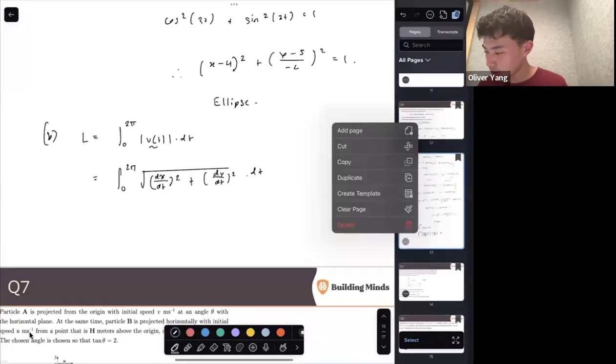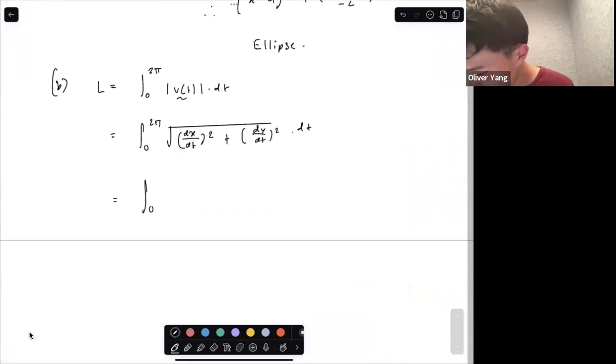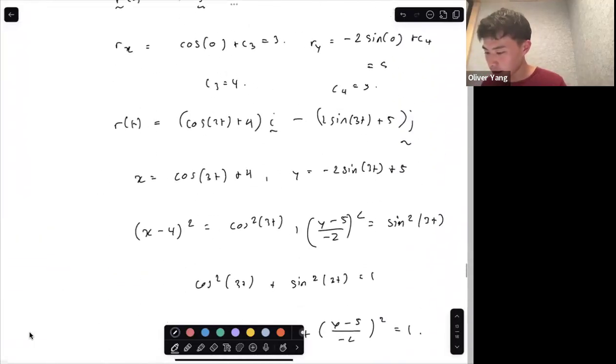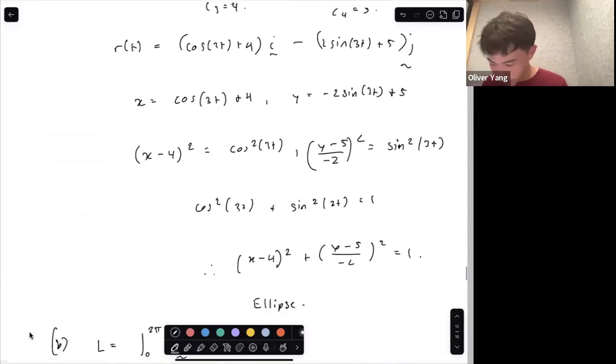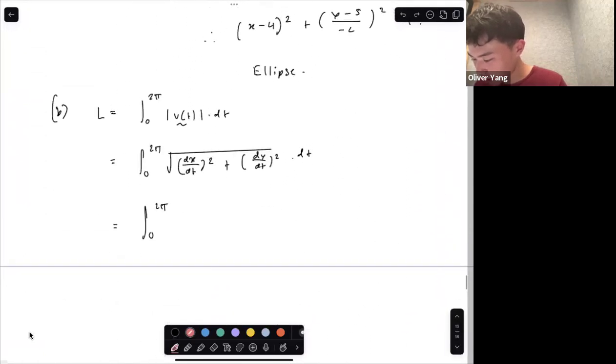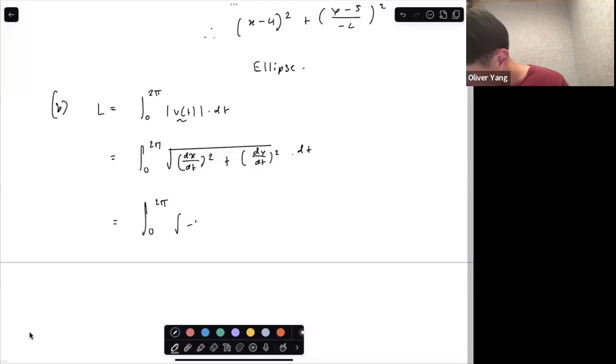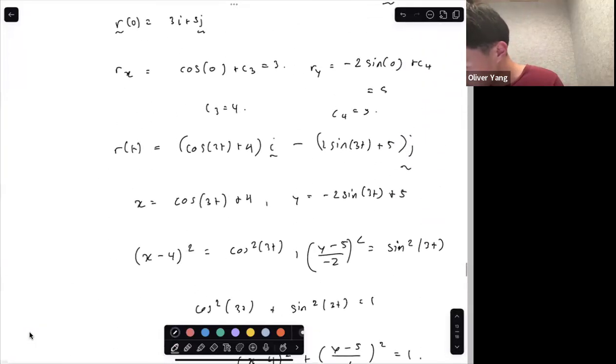And then so we get, well, what's our dx/dt? Well, dx/dt is negative sine 3t, so negative sine 3t squared, plus dy/dt. Well, what's the derivative of this?